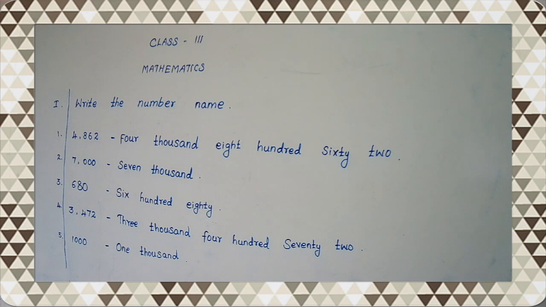The last one, 1000. One, 1. Thousand, 1000. What is the spelling for 1000? One, 1. Thousand, 1000. All of you, have you written, children?